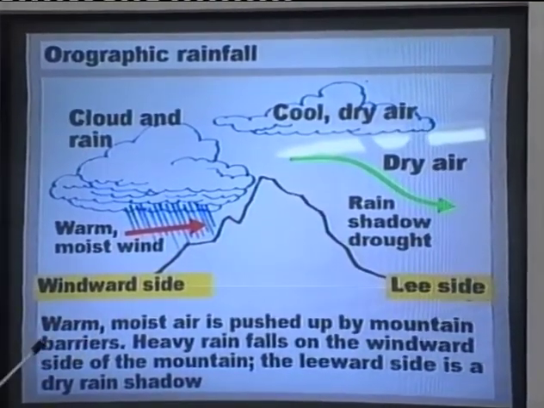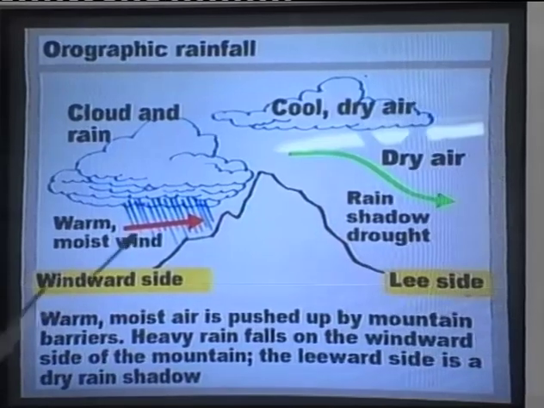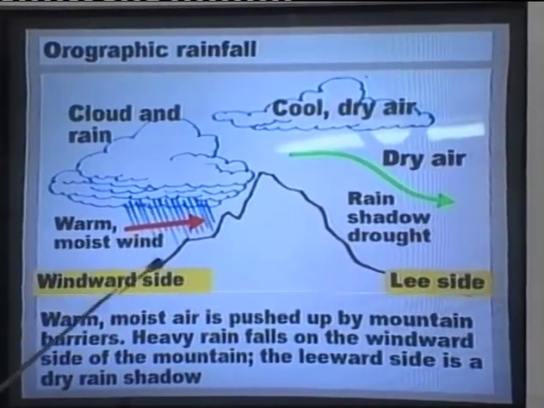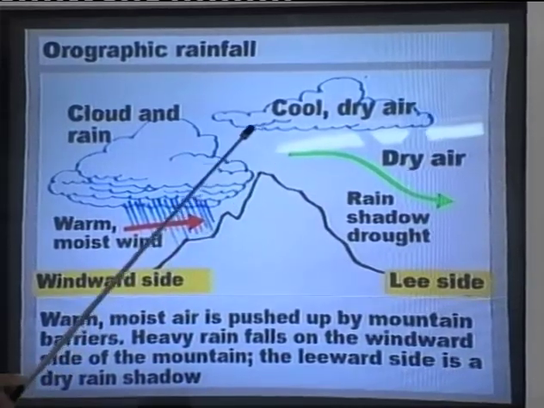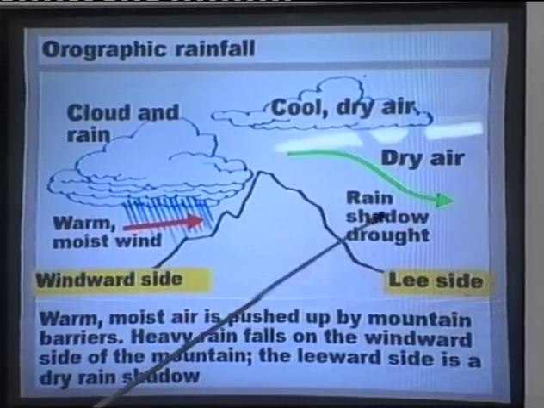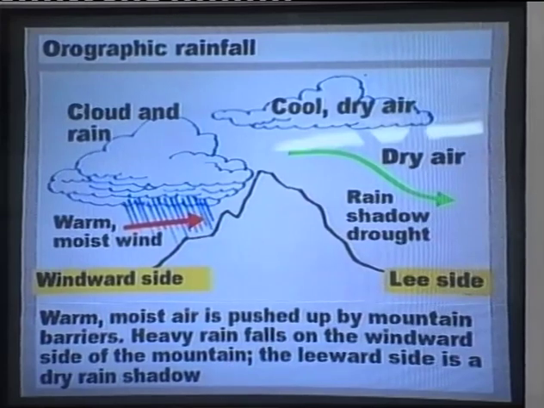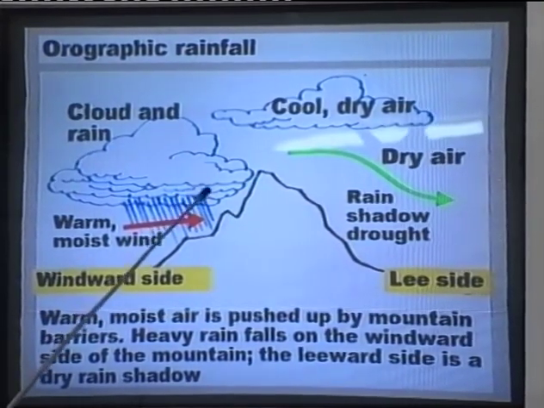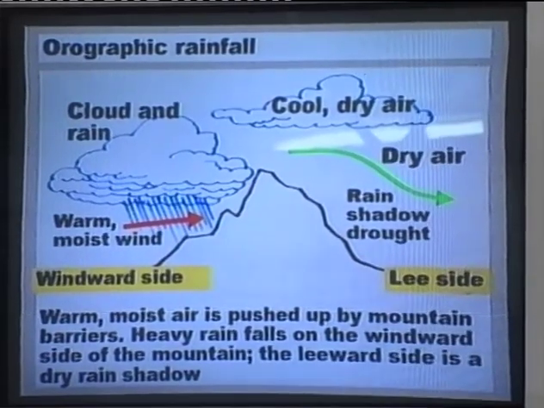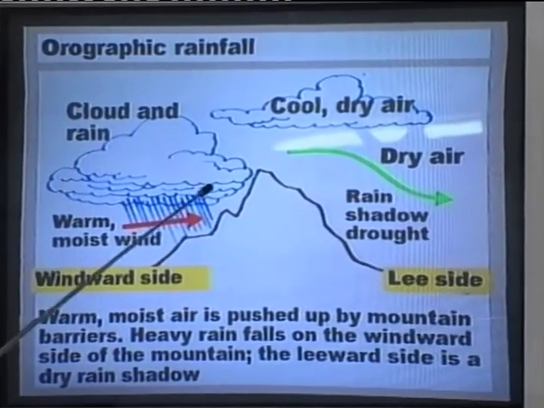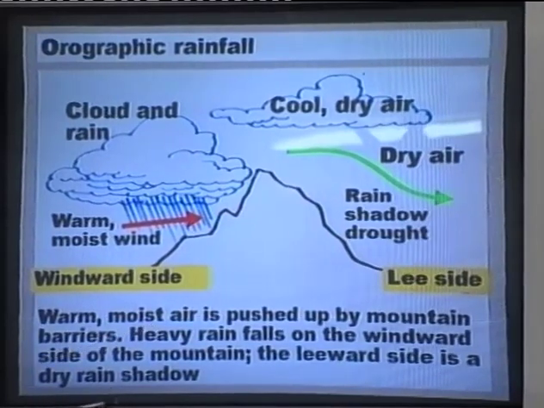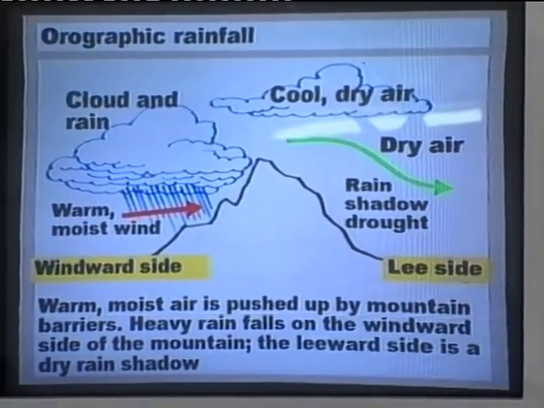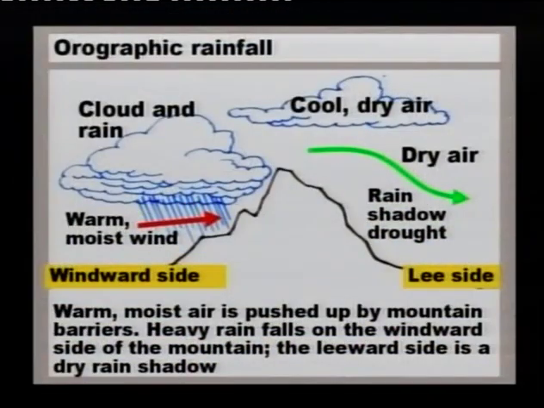Windward side means the direction where wind is moving. Rain falls here, and the air continues on and is dry. As the air moves up, it is collecting moisture, so the rain is formed. The dry wind moves on to the leeward side.